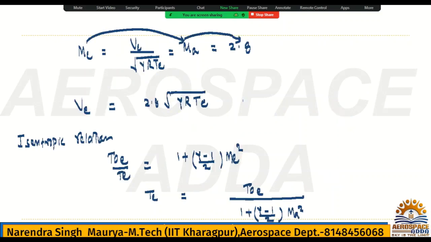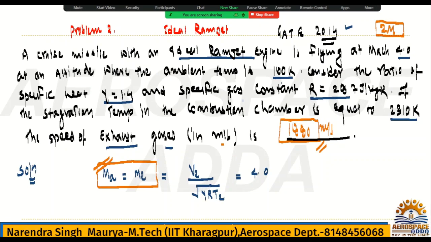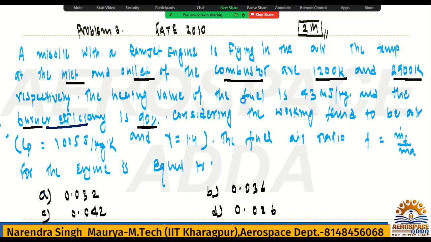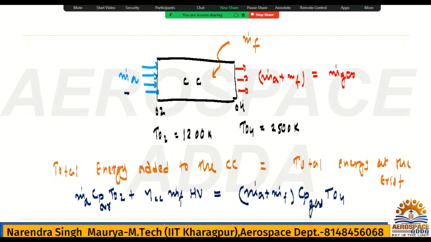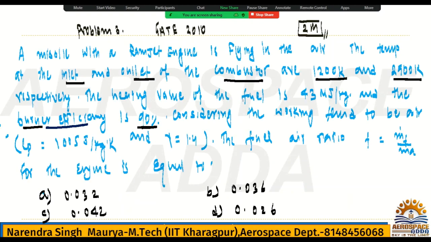Anyway, now what I was saying, check this. This is the energy balance. I told you Cp of air and Cp of gas. In the problem, if they have given them separately, then you use Cp of air or Cp of gas. Here, they have said to consider the working fluid to be air. They are not considering gas.